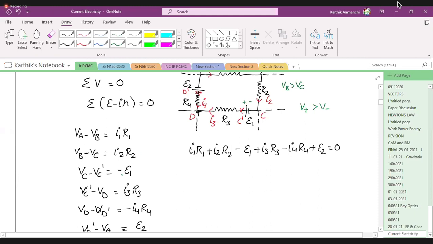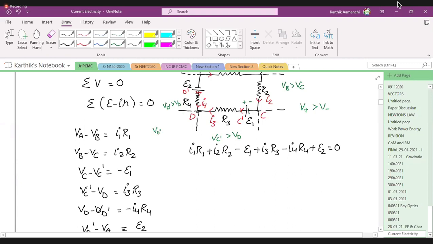That's why you have taken minus epsilon 1. Right? Now you come here, C dash to D. So here VC dash is greater than VD. That's why your current is going in this direction. Here VD dash is greater than VD, isn't it?